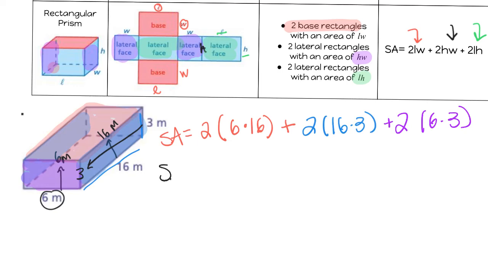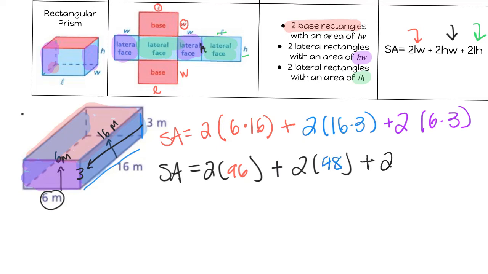So my surface area is 2 times 6 times 16 is 96, plus 2 times 16 times 3 is 48, plus 2 times 6 times 3 is 18.